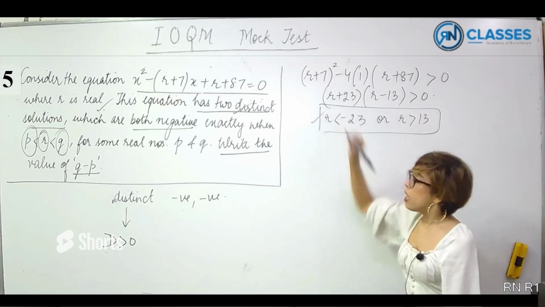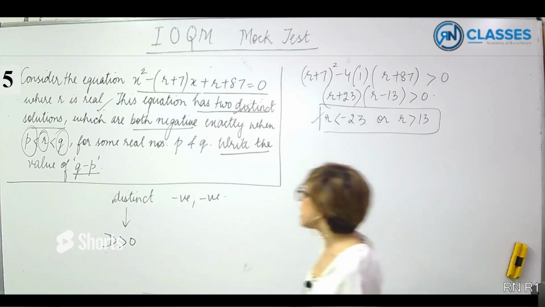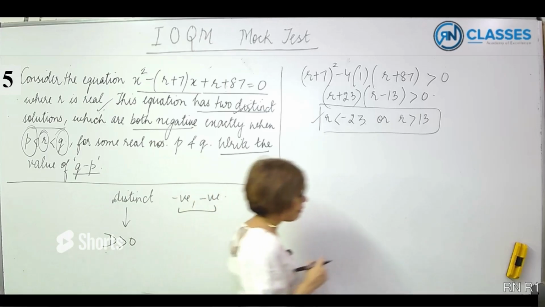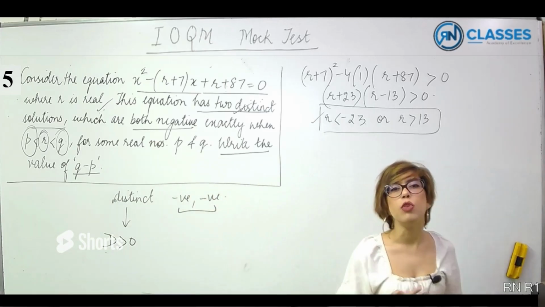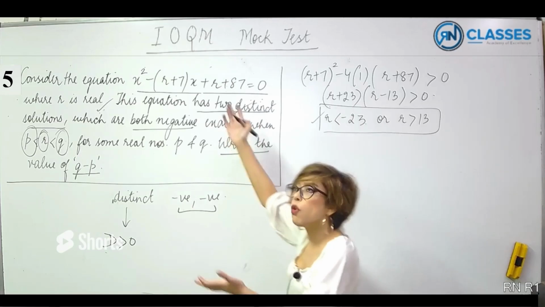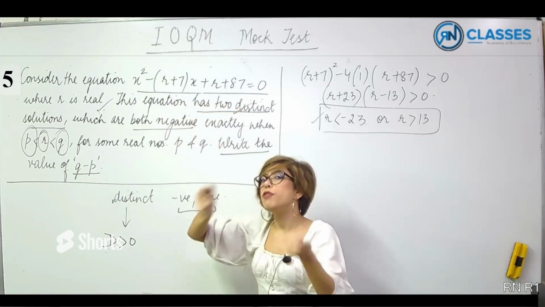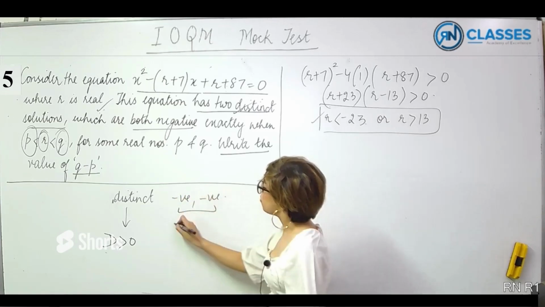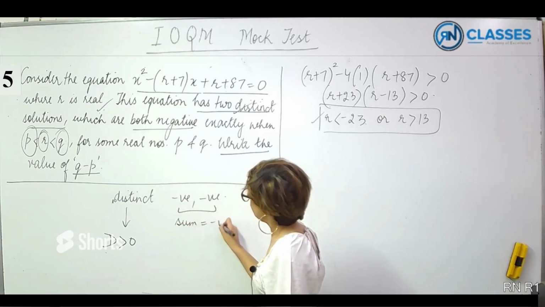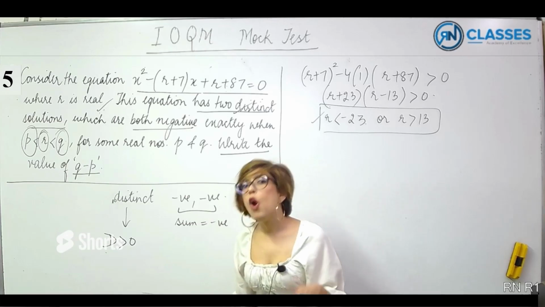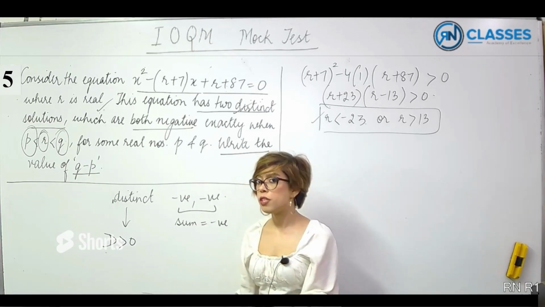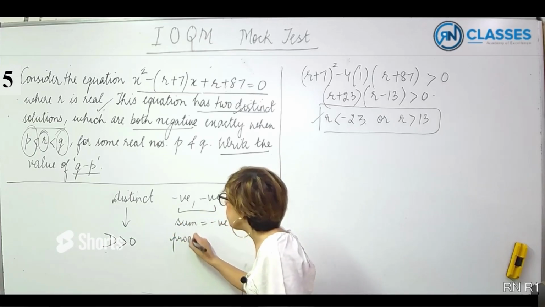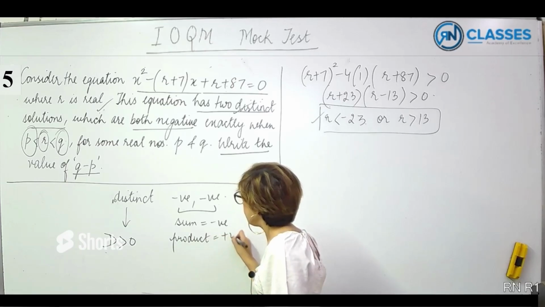First condition done. Now, let me utilize the second condition. Second condition is both the roots are negative. That means, what can I say about coefficients? Because r is involved in the coefficients. What can I say about the coefficients of the equation? Mind it, if both the roots are negative, that means sum will be negative. Right? Now, sum of roots you can have using the coefficients. Also, if both the roots are negative, that means product has to be positive. Right?